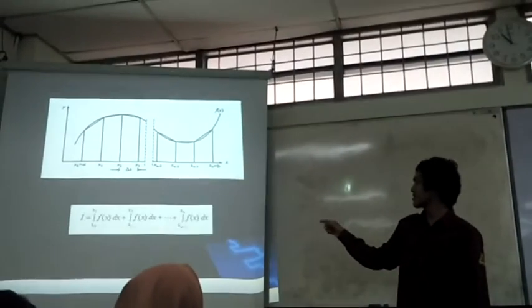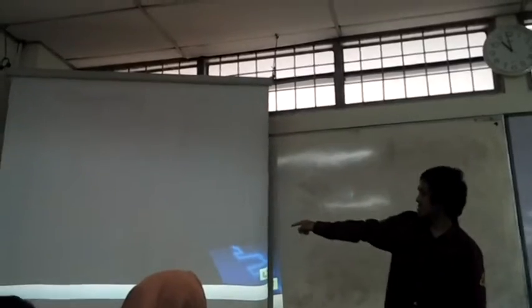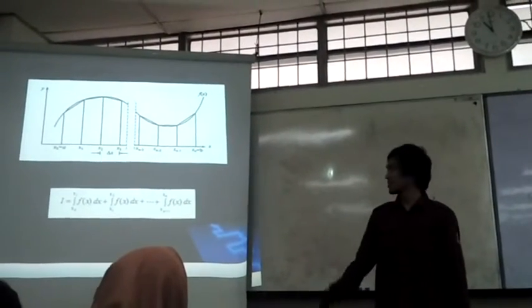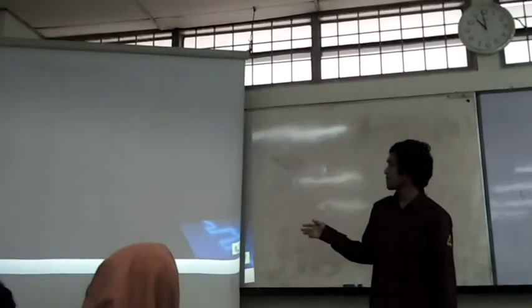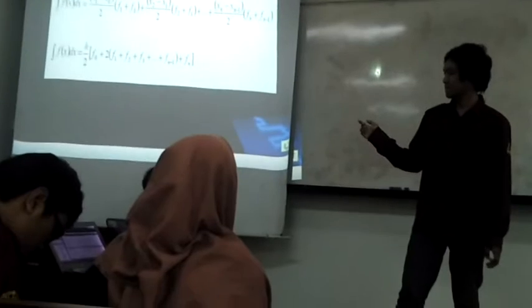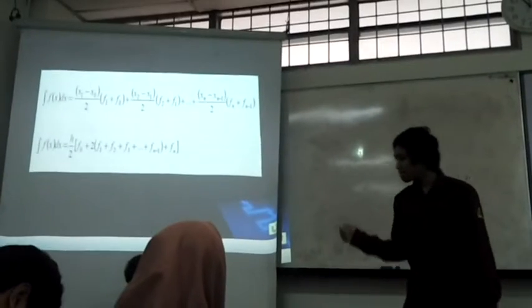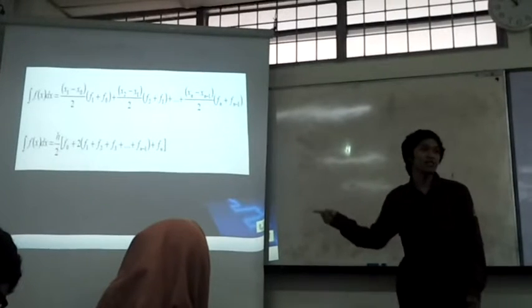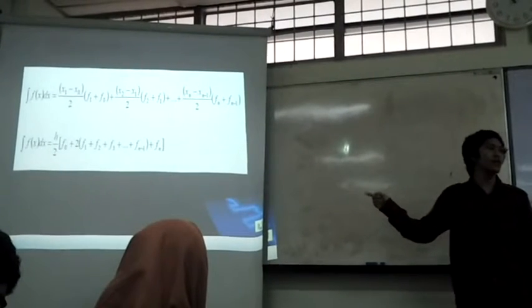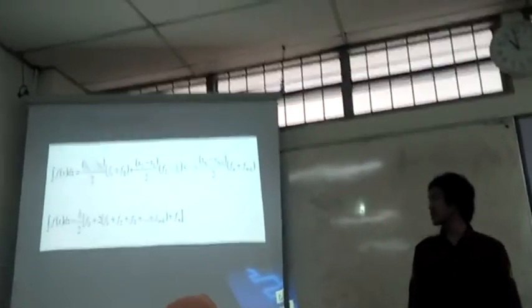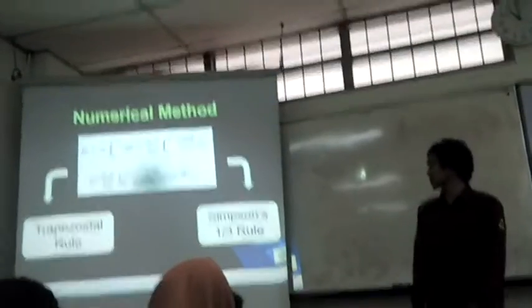Next, we can get this equation. So this is the equation of the trapezoidal rule. And then the second is Simpson's 1/3 rule.